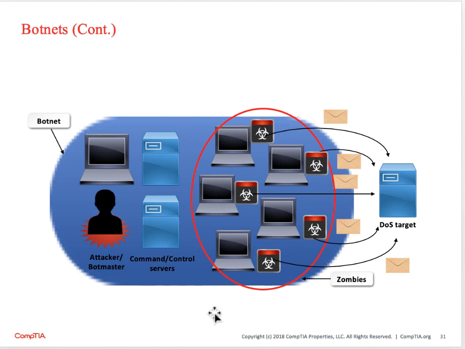Here's everybody that's infected, and here's PlayStation Network. So he tells them to all flood PlayStation Network at the same time. And then PlayStation Network goes down because it cannot handle all of these requests at one time. That would be called a denial of service or distributed denial of service attack.